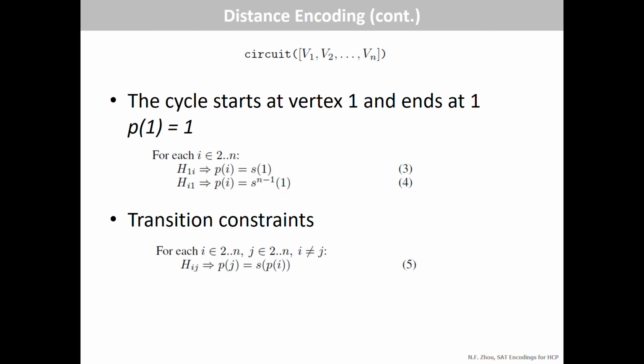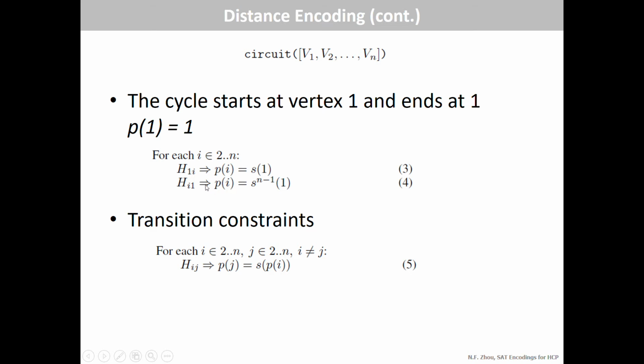And then there are constraints on position variables. First, vertex 1 is visited first, so vertex 1 is mapped to 1. And for each non-starting vertex I, if I is visited after vertex 1, then I's position is the successor of 1.